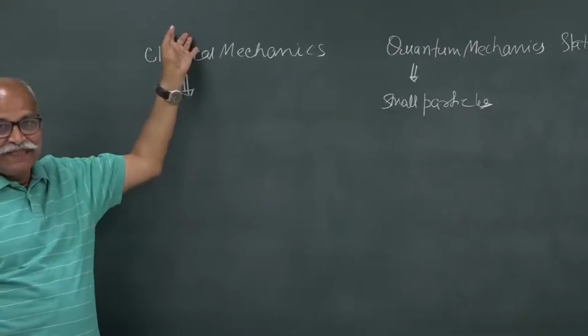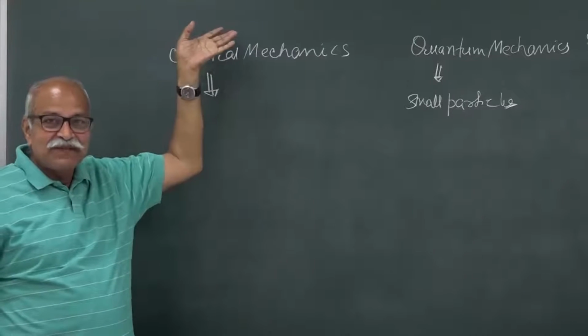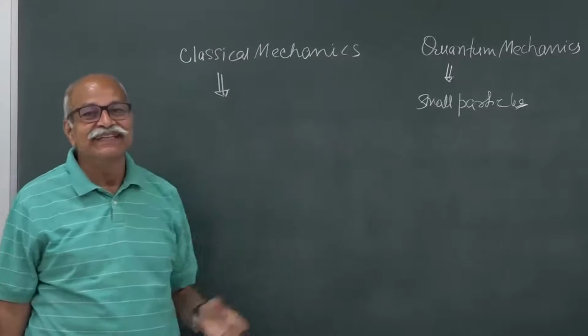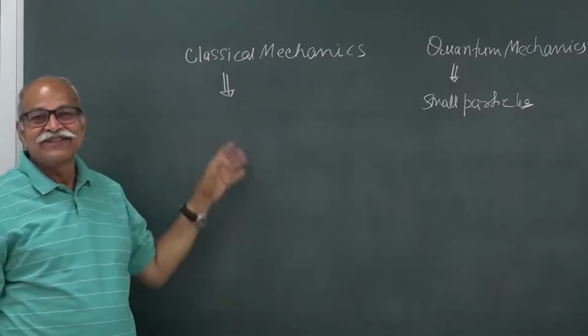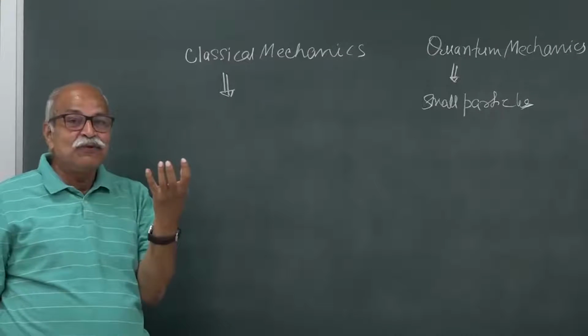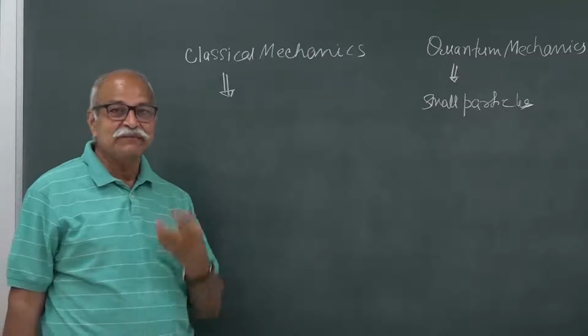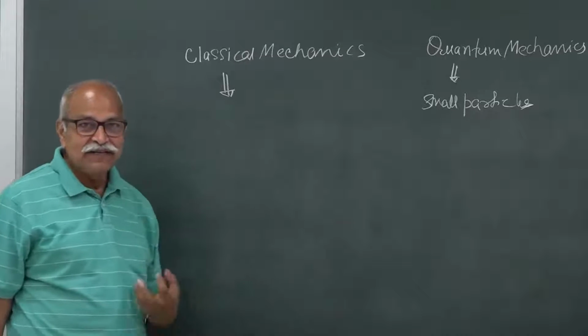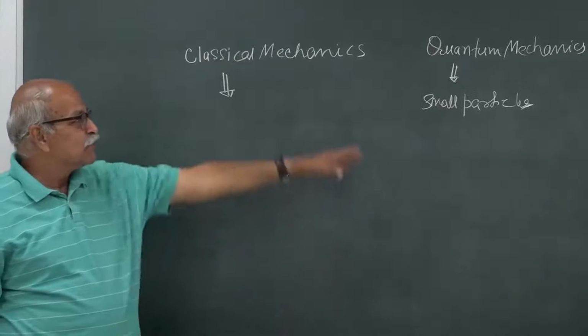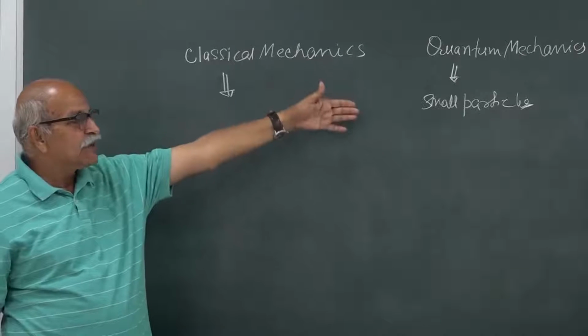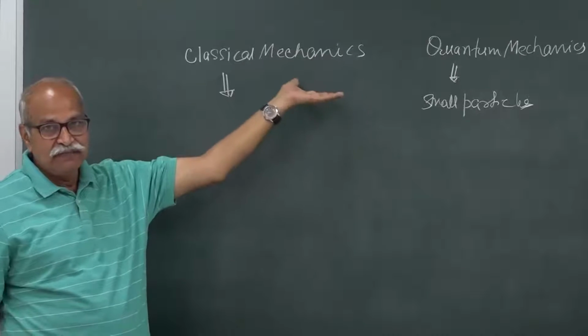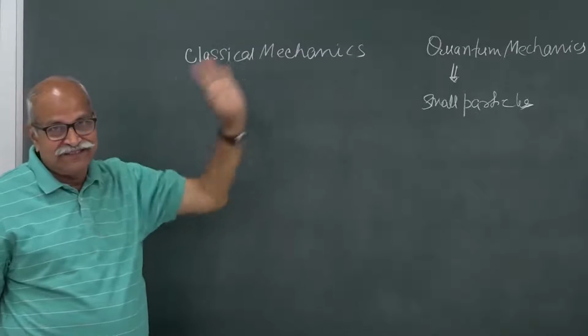Many times we will take examples where an electron is going and a proton is there and so on. But basically, if you want to understand the dynamics, the behavior of particles, then you have to go to quantum mechanics if the particles are very small, meaning in the nanometer or angstrom regions.